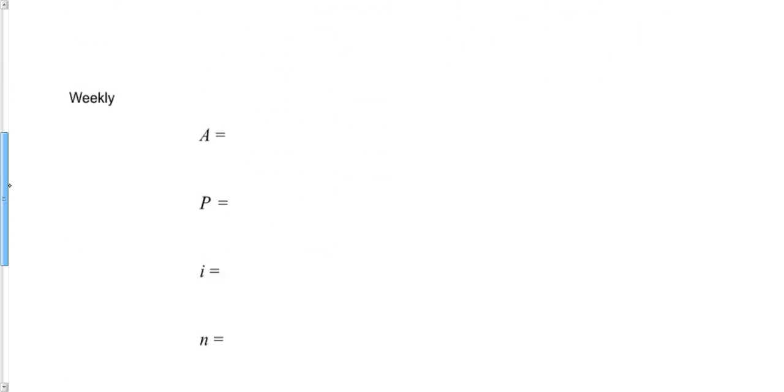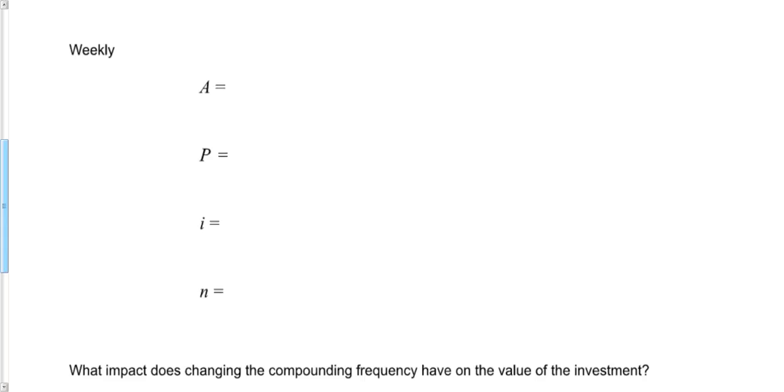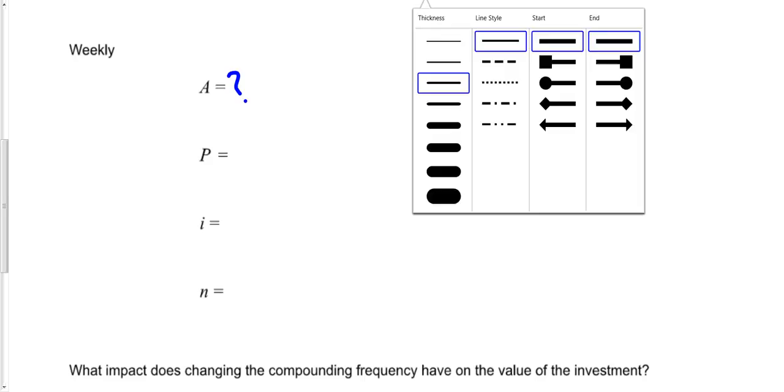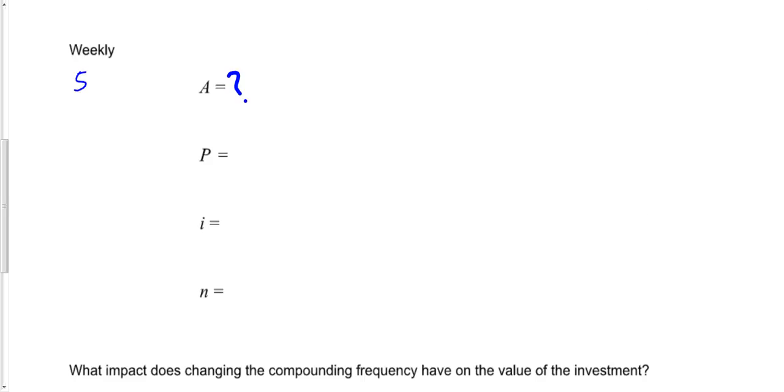We've done monthly. Let's see if we can go weekly. Again, plug in the same values. Weekly means it's compounded 52 times. So starting amount $4,000, 0.065 this time divided by 52, is going to equal 0.00125.